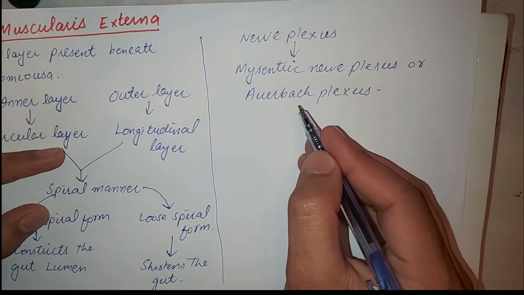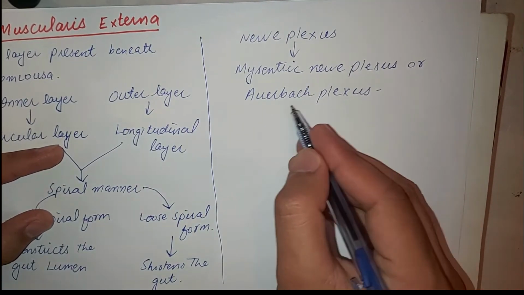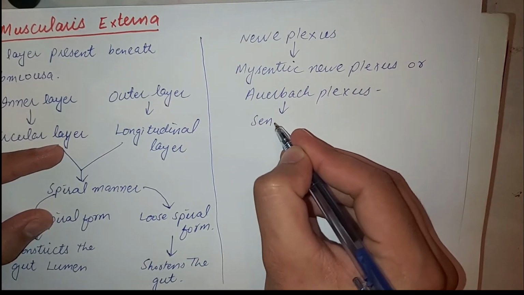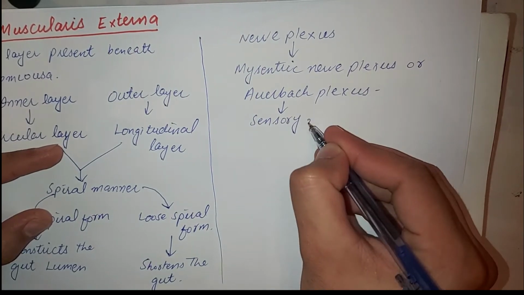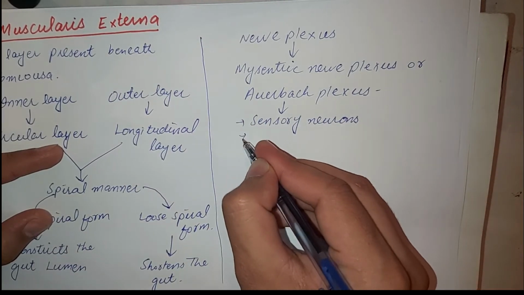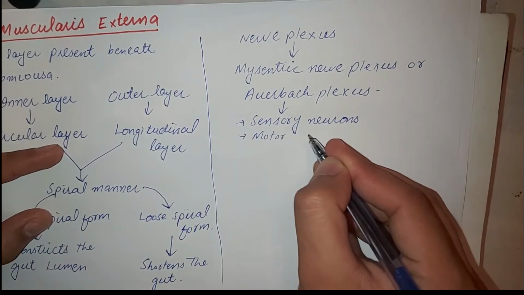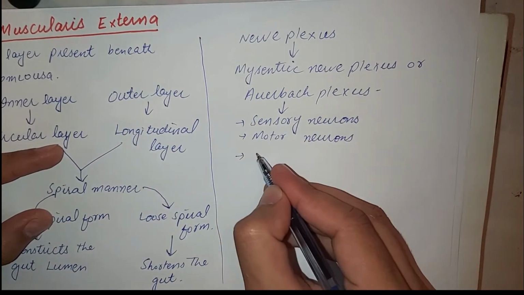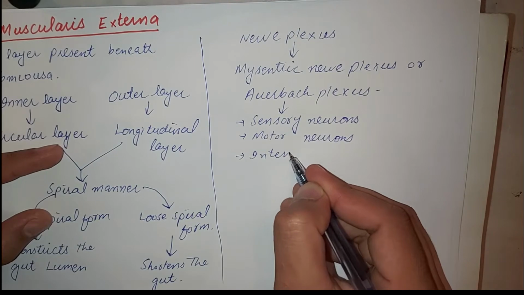These mesenteric or Auerbach's plexus contain sensory neurons, motor neurons, and intermediate neurons.